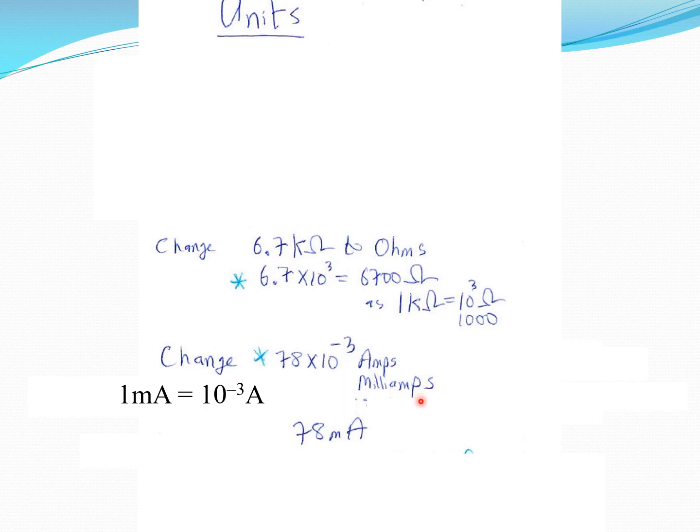We know that an amp is 1,000 milliamps, or 1 milliamp is 1,000th of an amp, or 1 milliamp is 10 to the minus 3 amps. So therefore 78 by 10 to the minus 3 amps is the same as 78 milliamps.